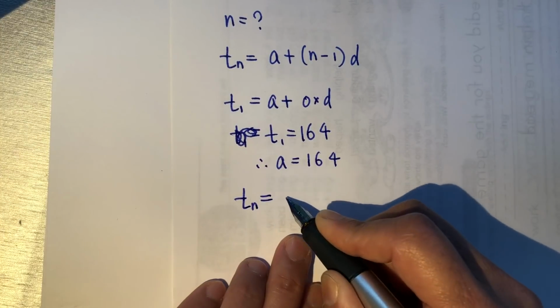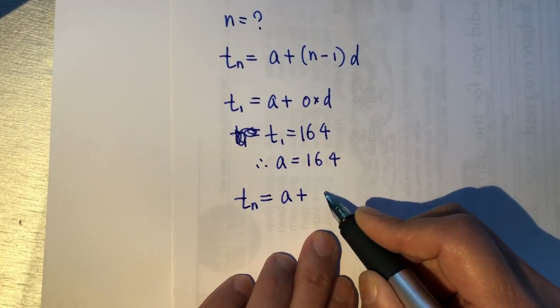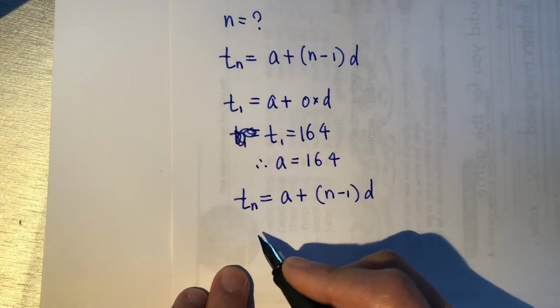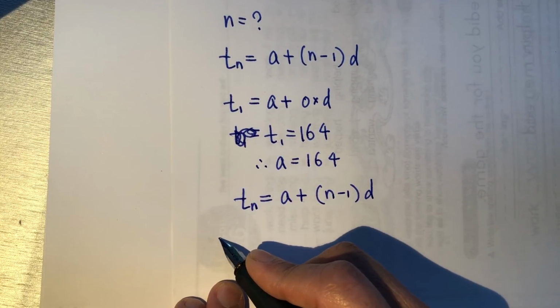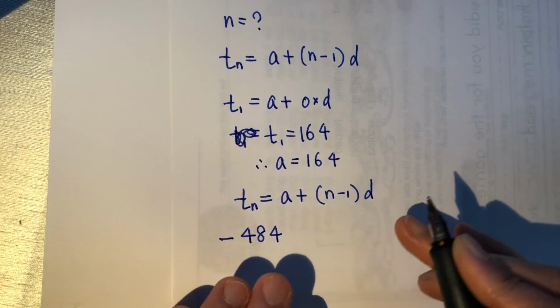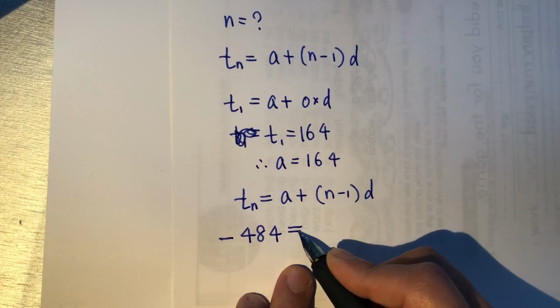Tn equal to A plus n minus 1 times d. Tn we know is negative 484. There's nothing complicated.